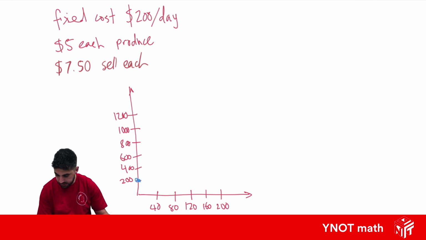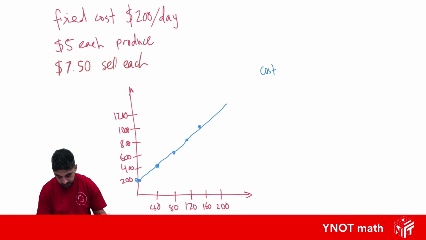Marker at 200, one at 400, and 600, at 800. We've got a straight line here, and this is our cost.